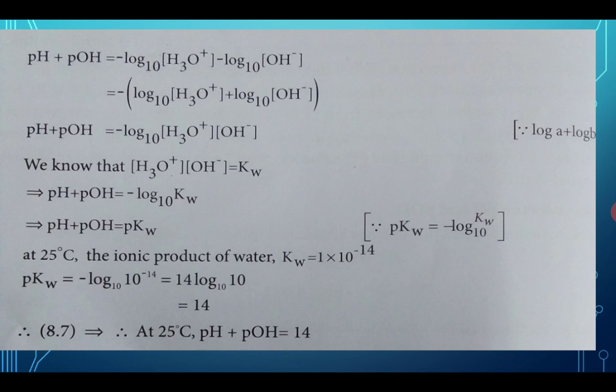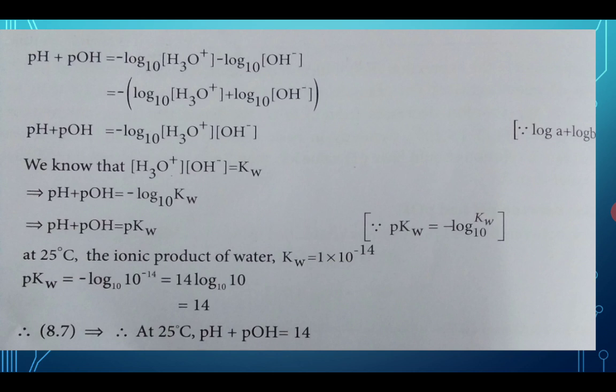The next, at 25 degrees Celsius, the ionic product of water is equal to 1 into 10 power minus 14. So, substituting this value in the above equation, we get pKw is equal to minus log 10 power minus 14 to the base 10. So, using again the power rule, the minus 14 will become multiplication as the coefficient, and minus into minus becomes plus.